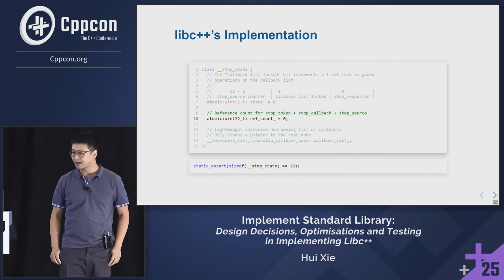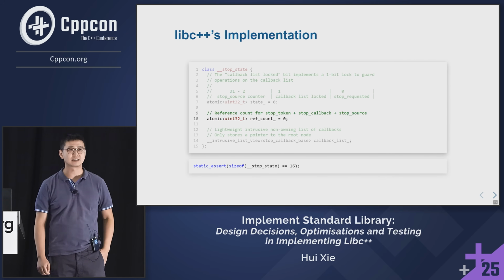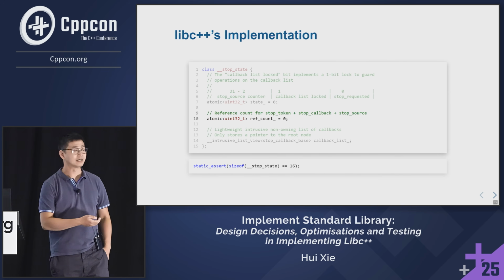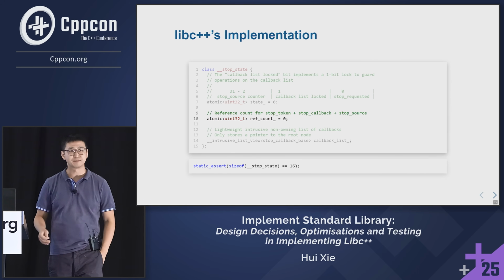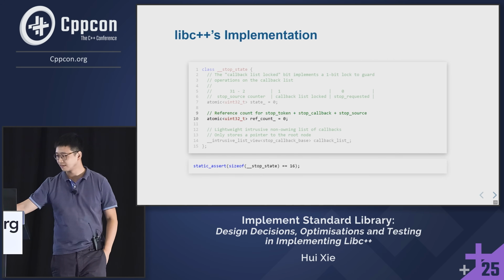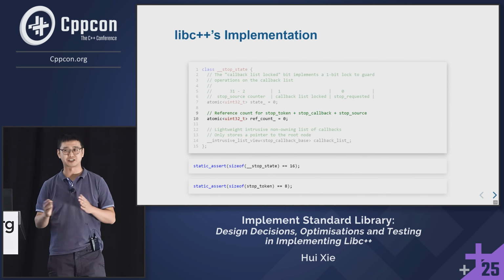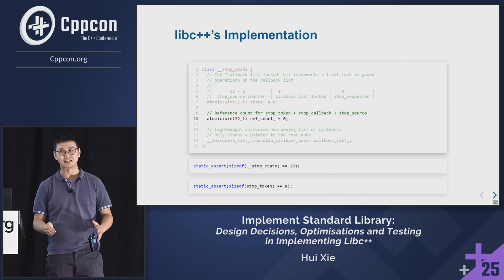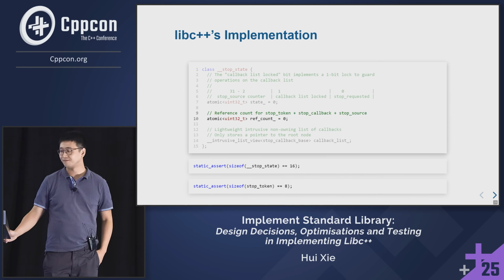So with this implementation, the stop state is only 16 bytes compared to the 72 bytes of the previous naive implementation. And for the stop token, it's down to 8 bytes because we don't need the shared pointer anymore. We don't need the pointer to the control block. So we just need an intrusive shared pointer to the object itself.